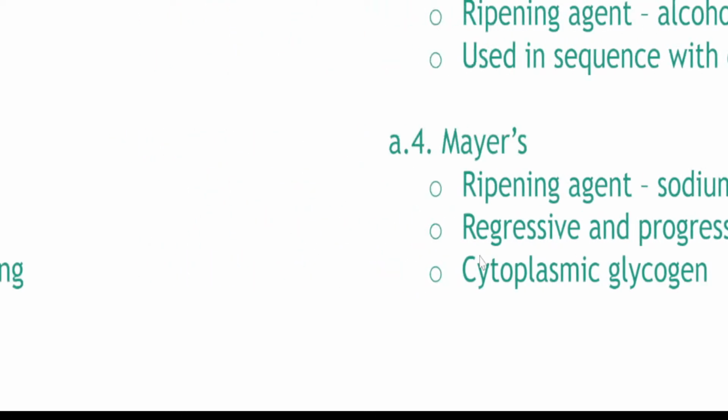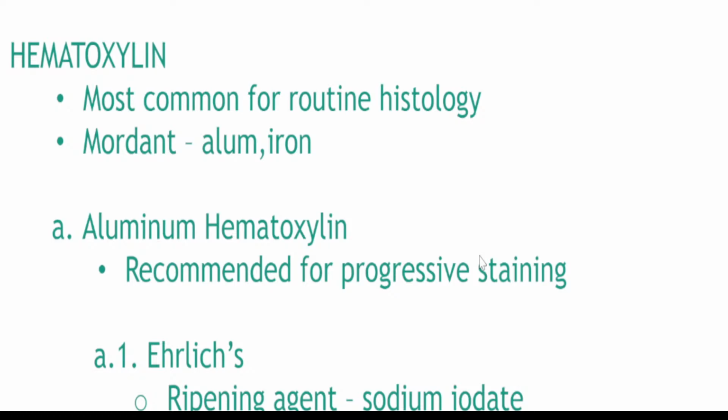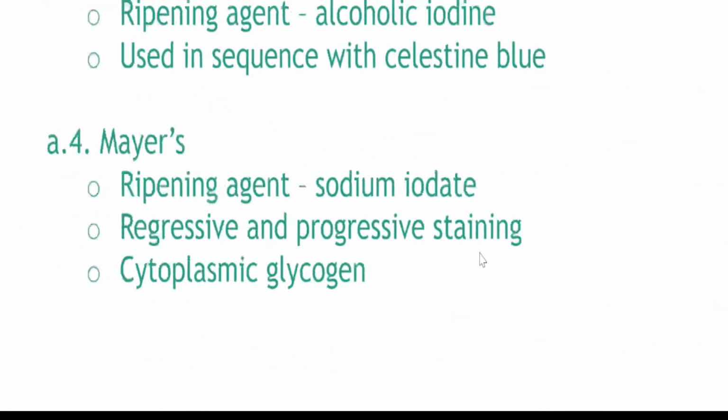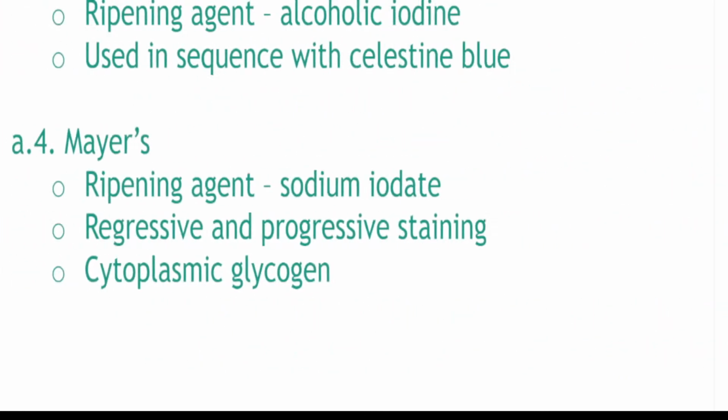So you see, the ripening agent is the only difference among them: sodium iodide, alcoholic iodine for Cole's, and sodium iodide also for Mayer's. What's different is that Cole's is used with Celestine blue, which is another basic dye, and Mayer's is used as a stain for cytoplasmic glycogen, as a progressive and regressive stain.